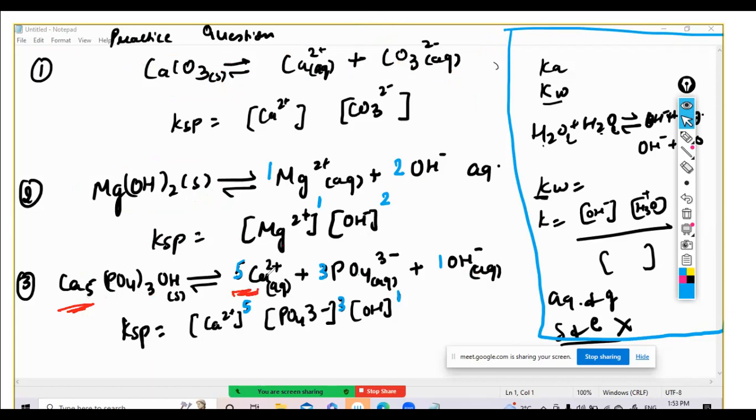PO4 is 3 here, so you will have to put 3 here, and OH is 1 here, so this OH is also 1. Now what would be the Ksp? It will be the product of Ca2+ raised to the power 5, PO4 3- raised to the power 3, and OH- raised to the power 1. Right, so this is your Ksp value.